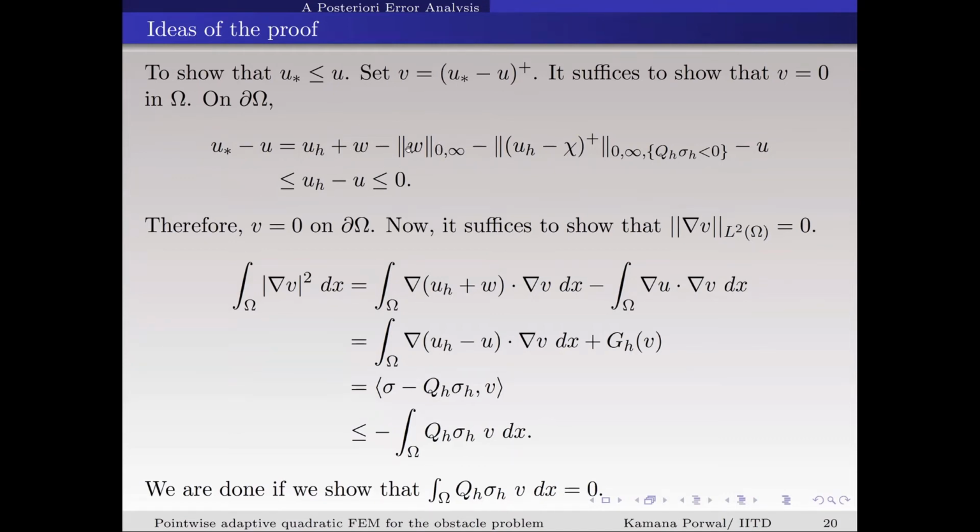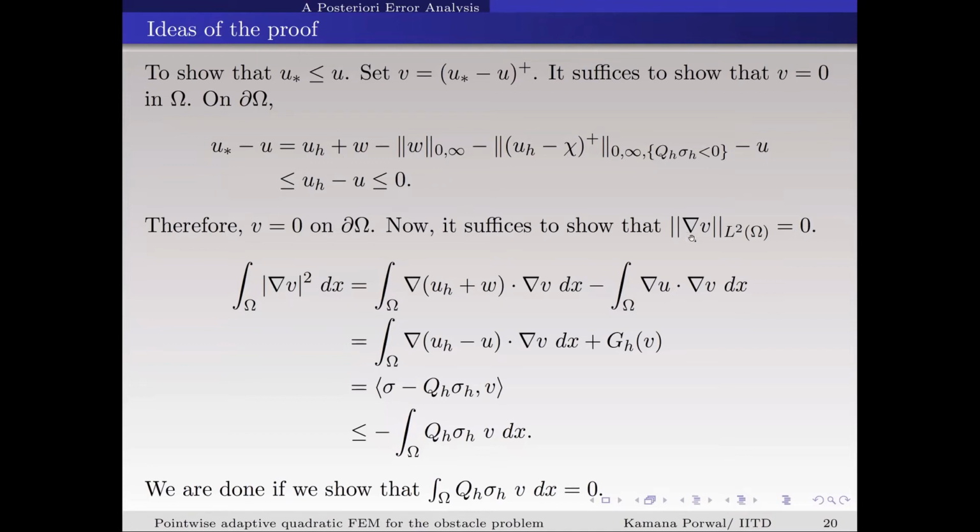And we know that UH and U both are 0 on the boundary. So basically, U star minus U is less than or equal to 0 on the boundary. And thus V is equal to 0 on the boundary. So V becomes an H1 naught omega function, that is, V is in the space H1 naught omega. So the Poincare inequality holds.